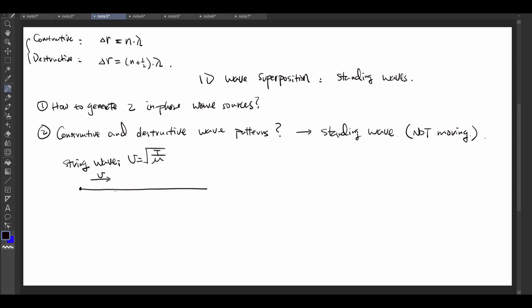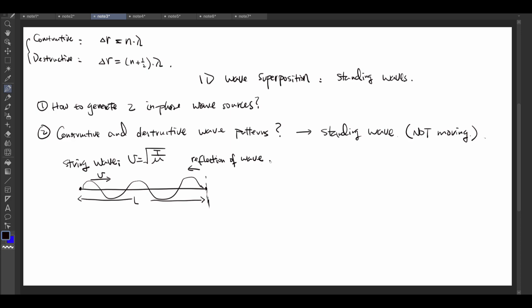Okay. Now let's say we have finite length. Let's say the total length here for the string is L. And when the wave propagates to the right, you'll meet the other end, and then it will be reflected back, right? So that's called the reflection of the wave.